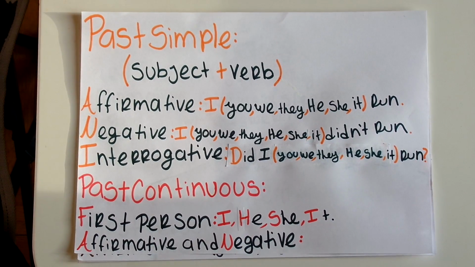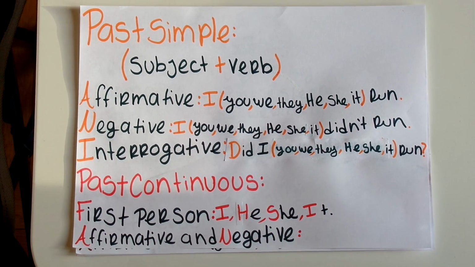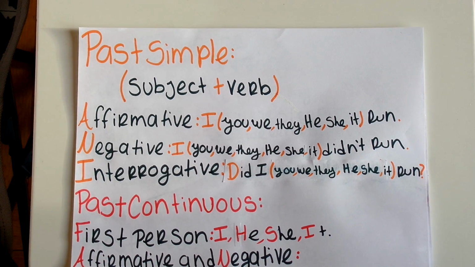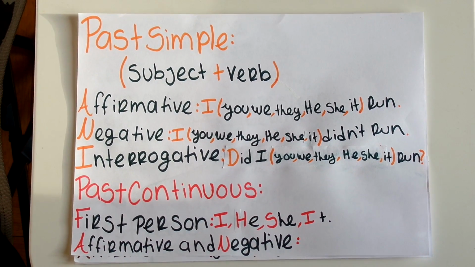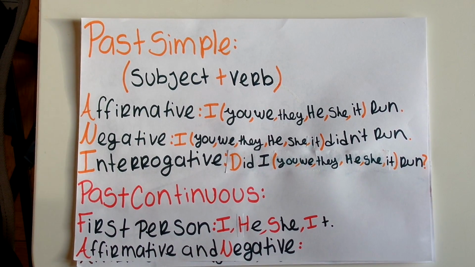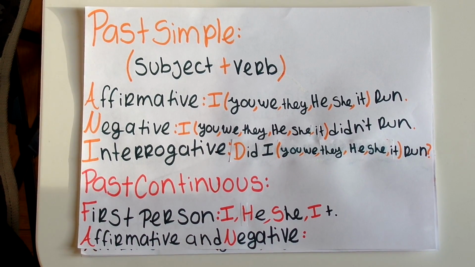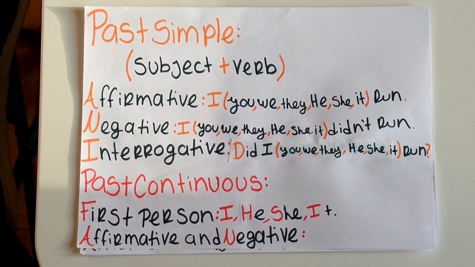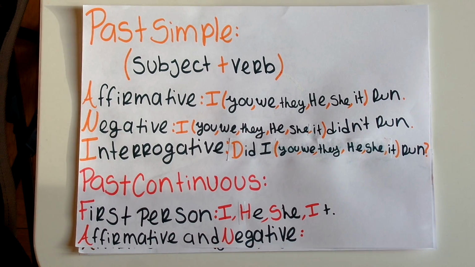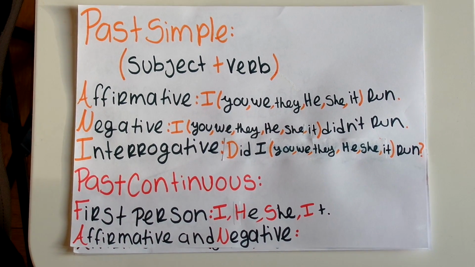Right now we're gonna pass with the past simple tense. Here the rule will be subject plus verb again. Here is affirmative, the first case. You using you, we, they, he, she, it, or I. Run.